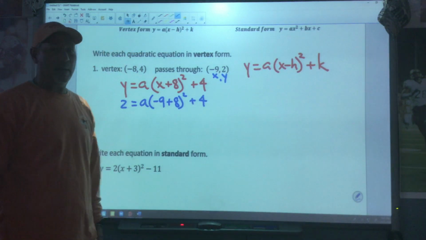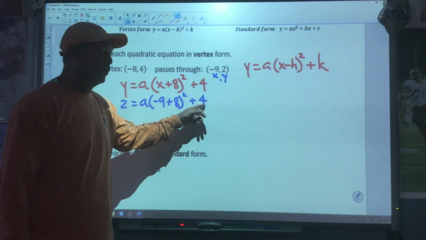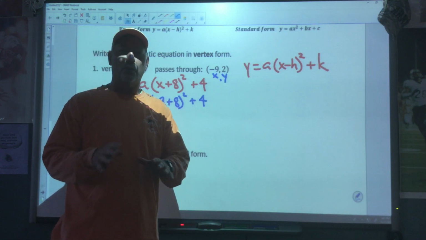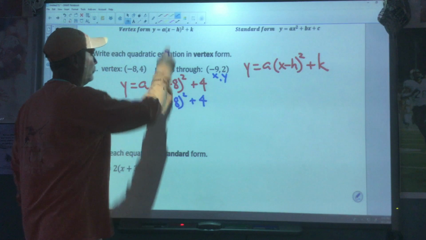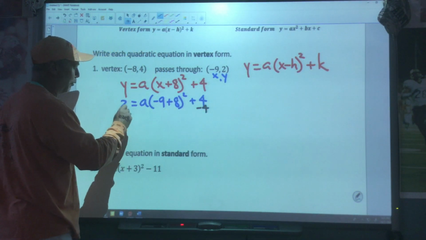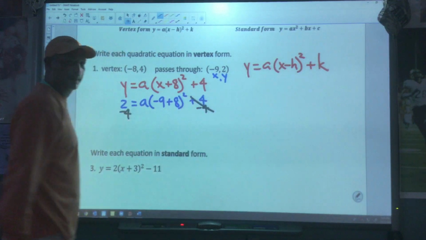Now before we do any math, I'm going to ask you to move the 4 to the other side so we're not tempted to use it in the wrong order of operations. Minus 4, minus 4. We're going to get this out of the way.